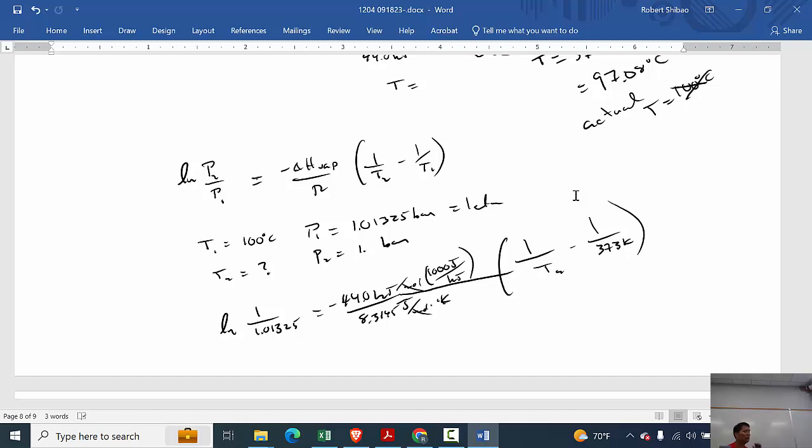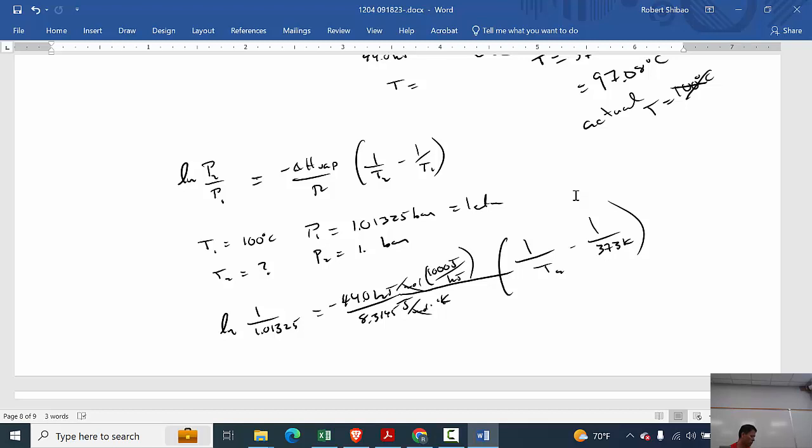So let's go ahead and solve this for T2. So 1 divided by 1.01325. Take the natural log of that. Divided by 44, that would be 0.044.